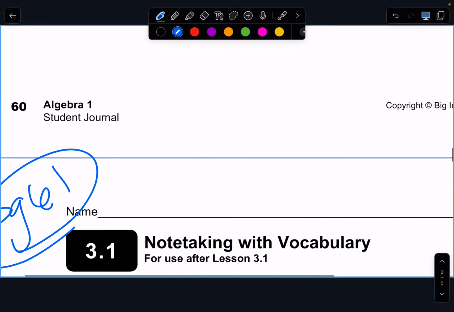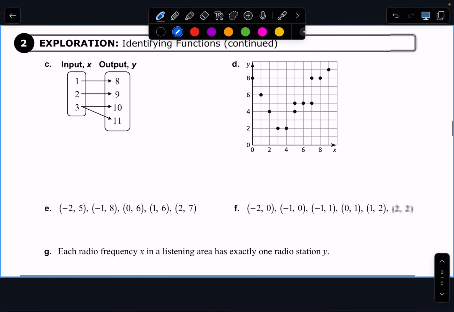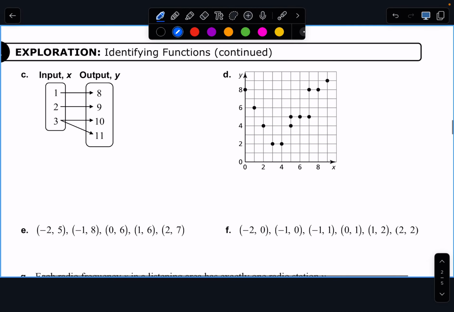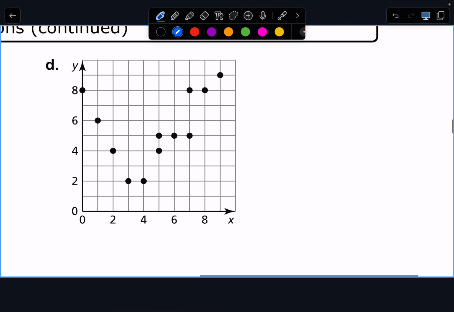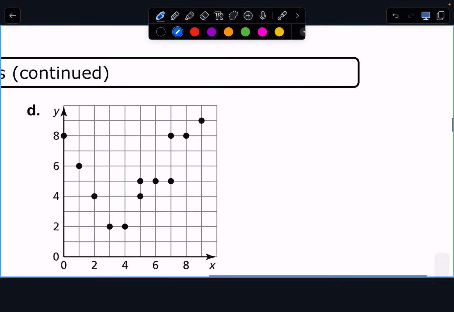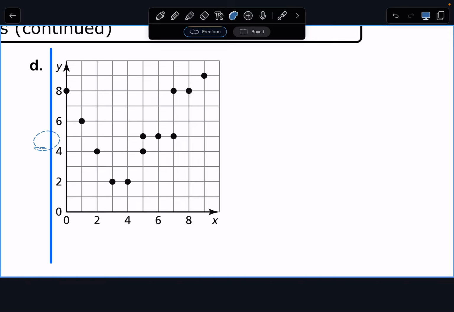Okay. All right, so now back a page. Since we just talked about graphs, let's talk about this D. What I'm going to do is I'm going to draw a vertical line. And I'm going to move it. Ready?